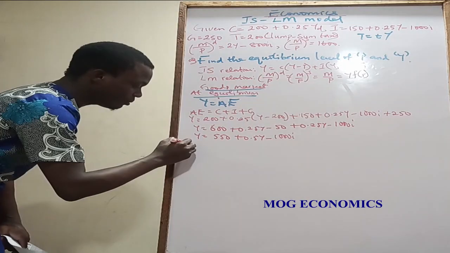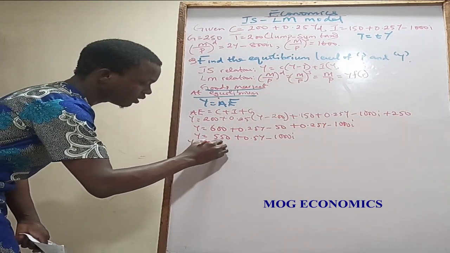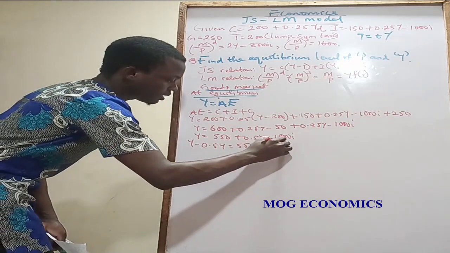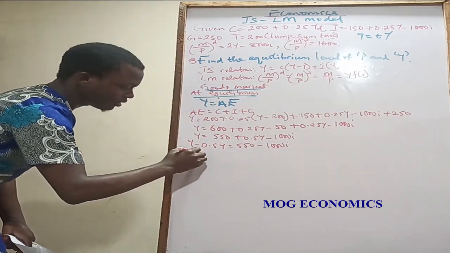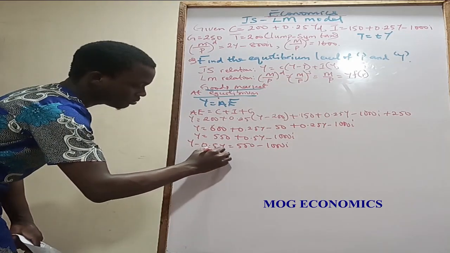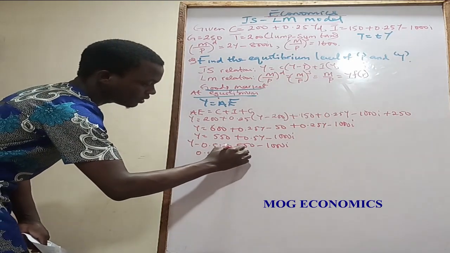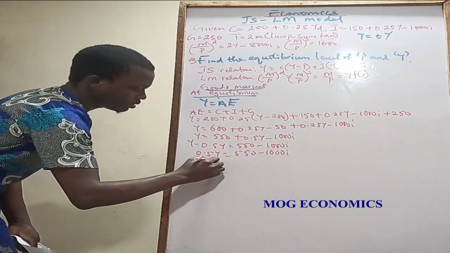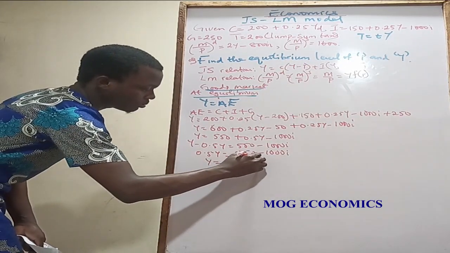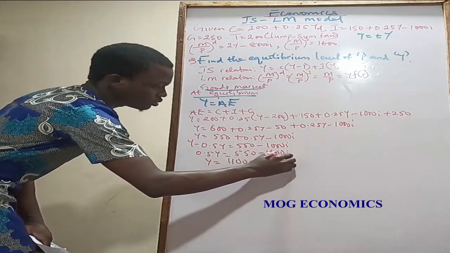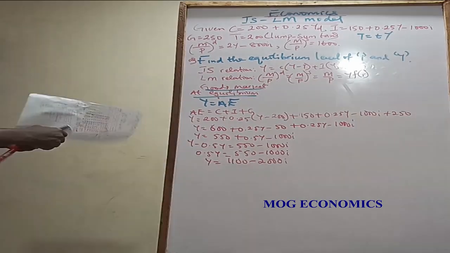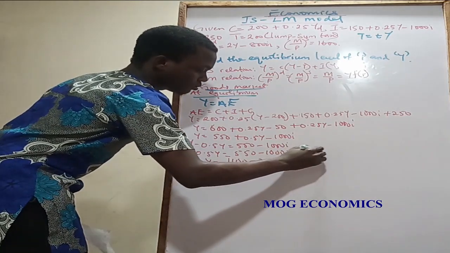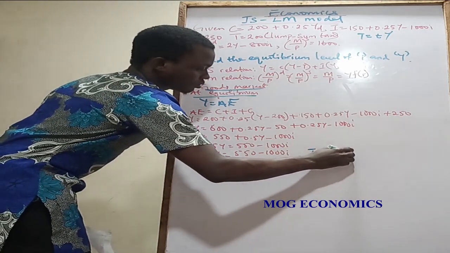Okay, so Y minus 0.5Y equals 550 minus 1000i. So this is 0.5Y equals 550 minus 1000i. So Y equals 1100 minus 2000i. So this is what you call your IS relation for this particular question.